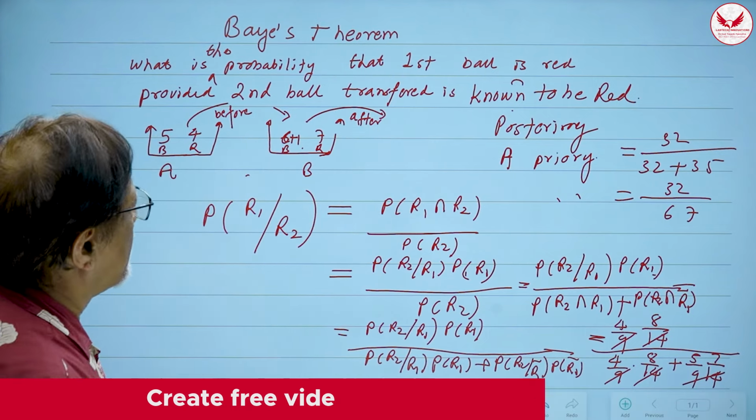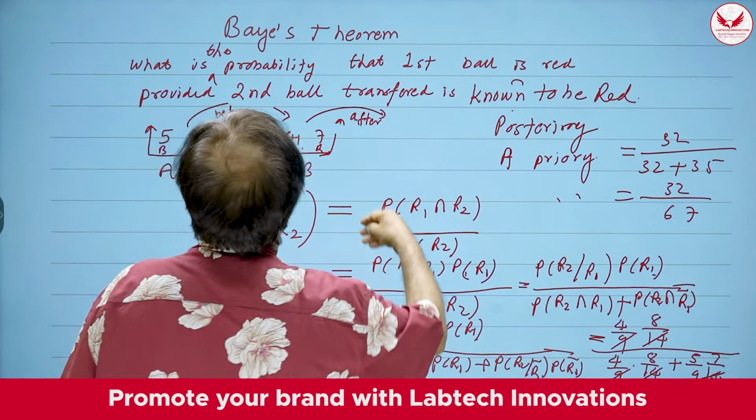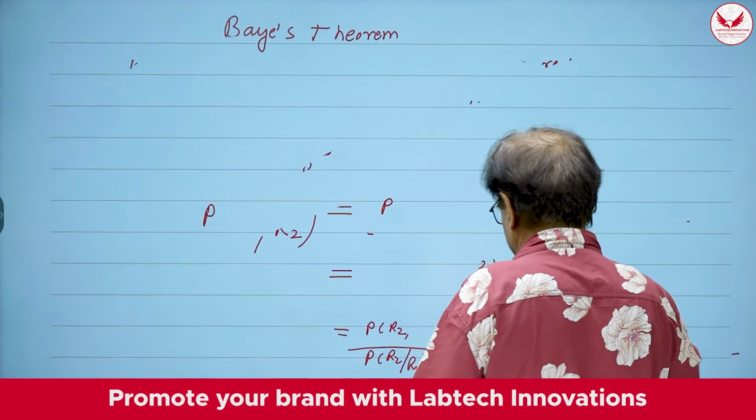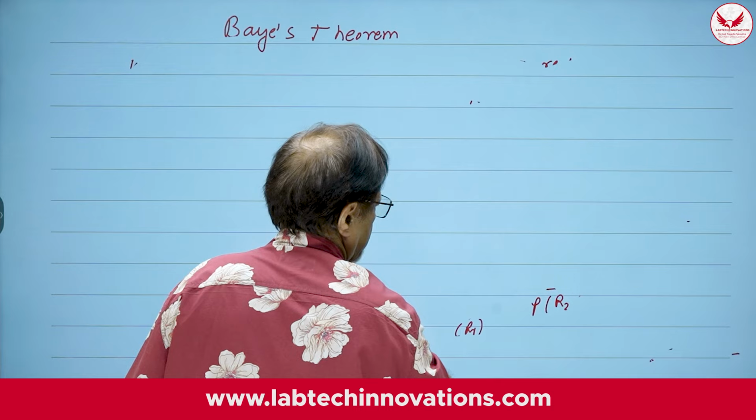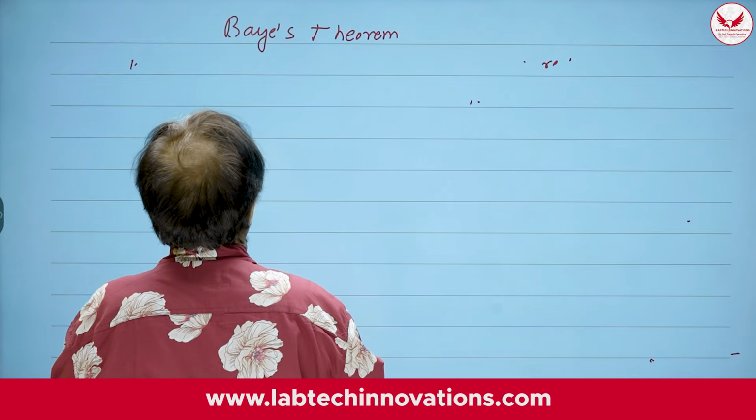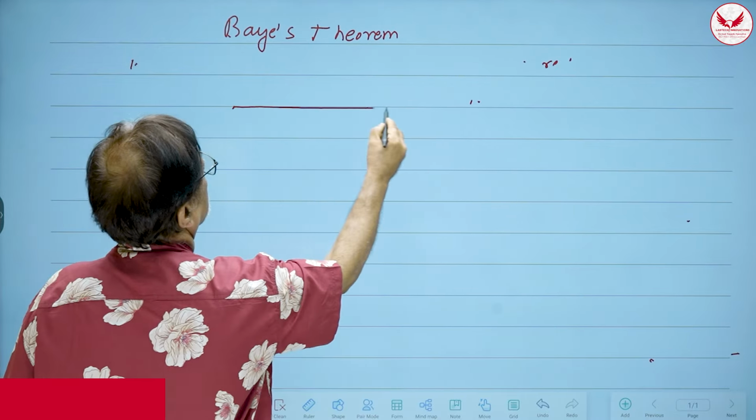Now in order to generalize this theorem, let us have a look at what has happened here. Let us understand this entire situation by using Venn diagrams. So this was the original sample space.